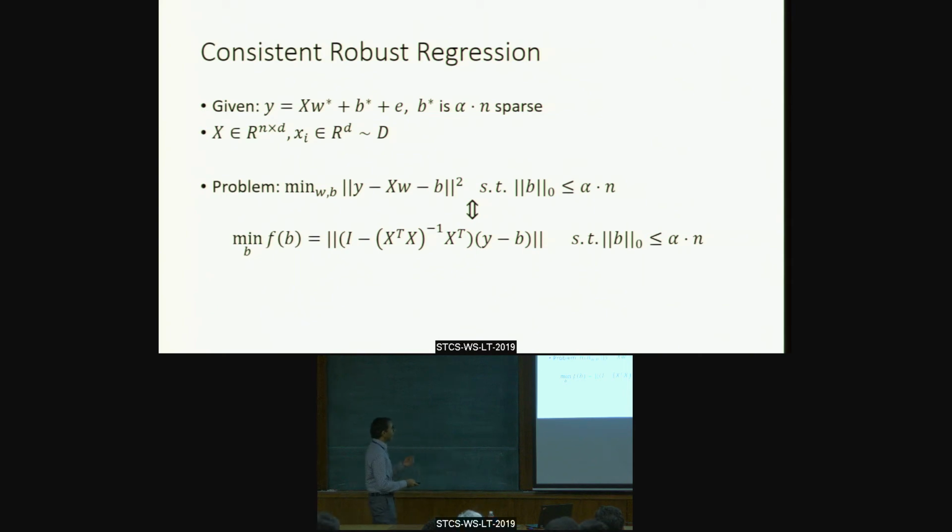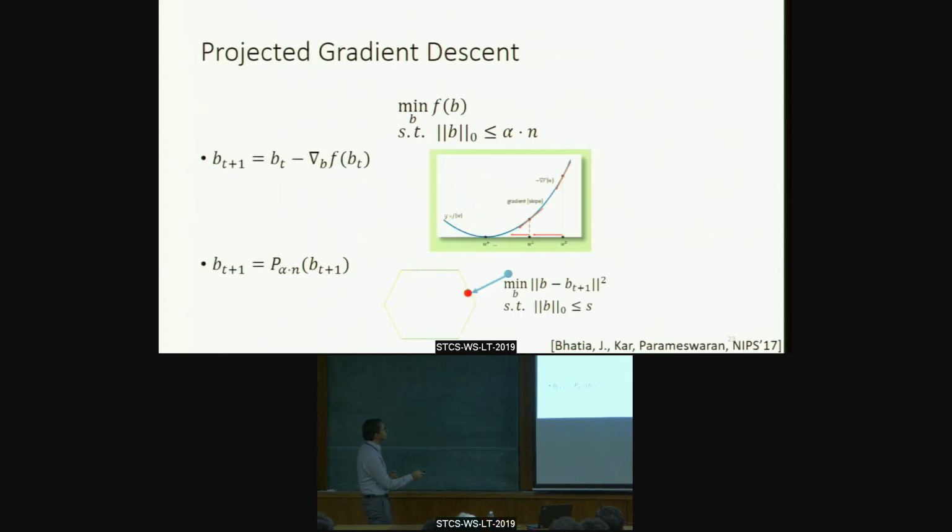Now for this problem, you can apply a very simple projected gradient descent method. That is, you have some iterate BT, you do a gradient descent. Now the resulting BT plus 1 will not be sparse. So what you do is you project onto the set of sparse vectors. Projection onto the set of sparse vectors again is easy, although it's a non-convex set.